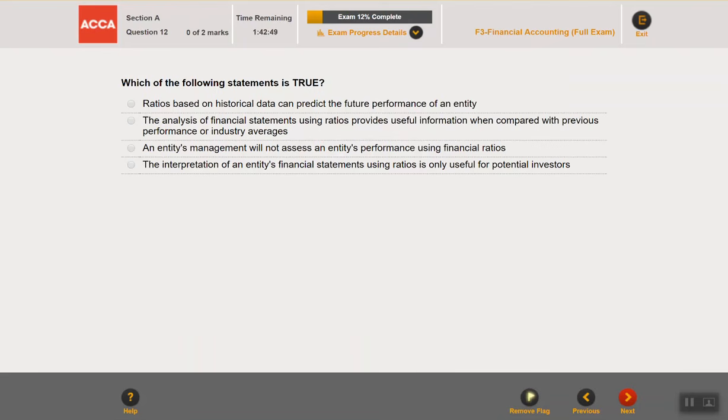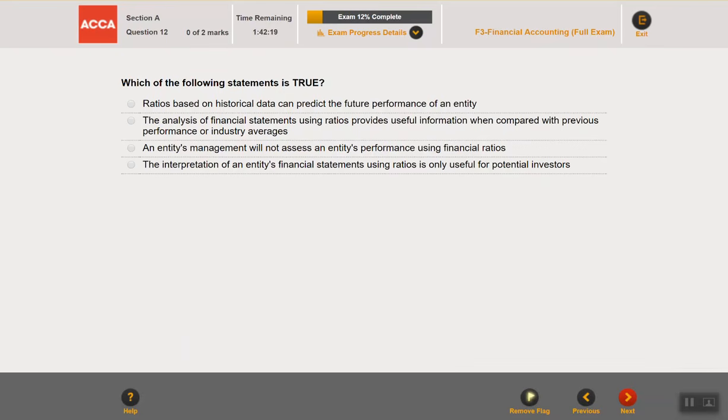Okay, which of the following statements is true? Ratio based on historical data can predict the future of an entity. Maybe. The analysis of financial statements using ratio provides useful information when compared with previous performance or industry average. Maybe. An entity's management will not assess an entity's performance using financial ratios.